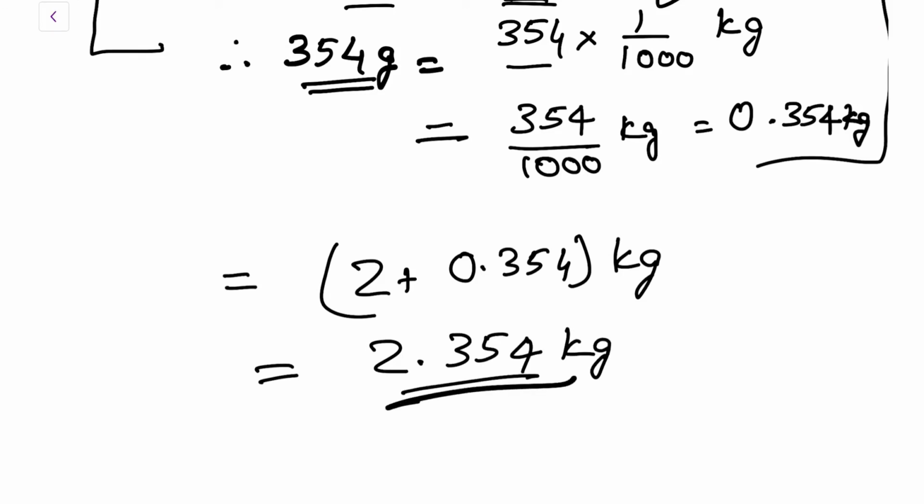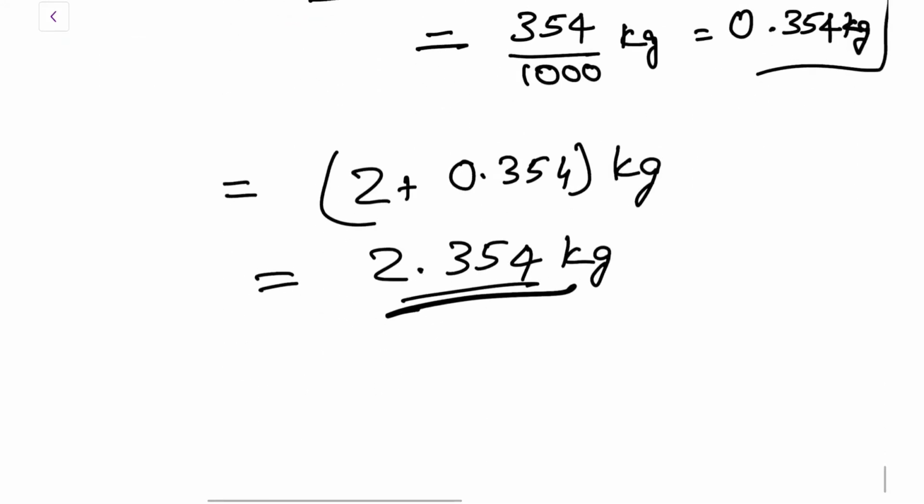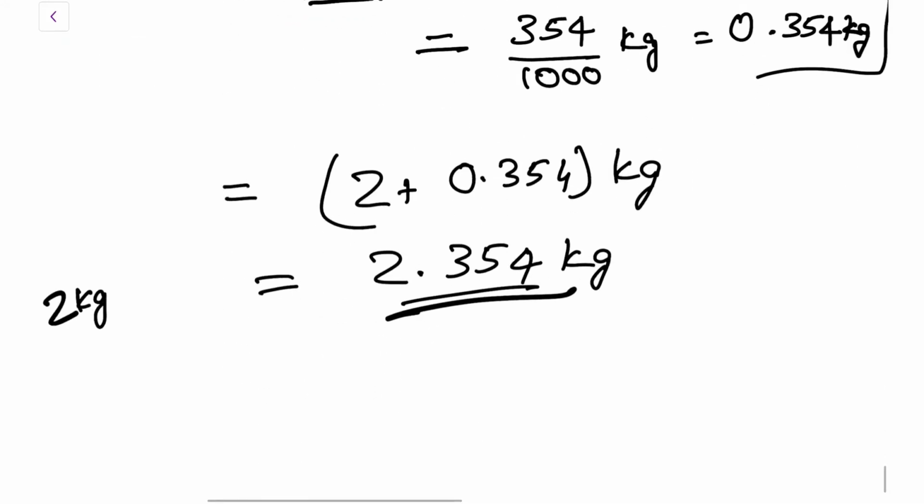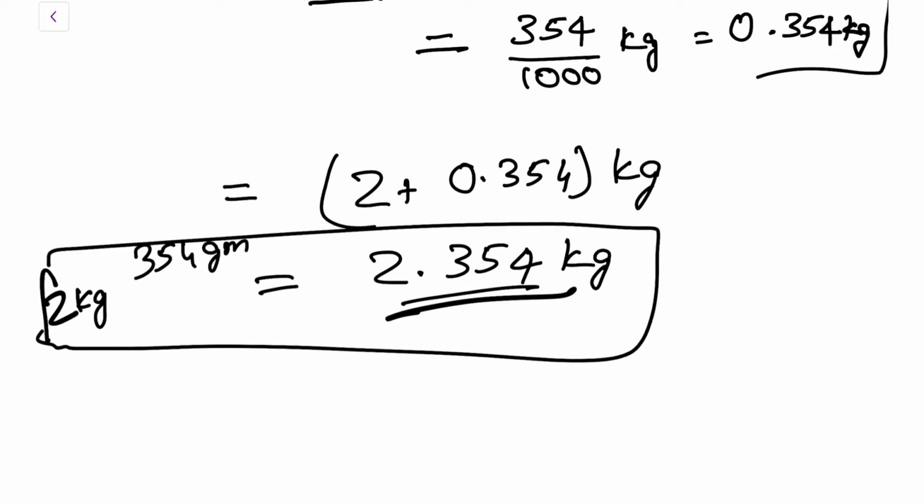This is your answer. So 2 kgs and 354 grams can be written as 2.354 kg. Now you can see how decimals are used in metric measure of weight. If something is given as 2.354 kgs, you should understand it is 2 kgs and 354 grams.